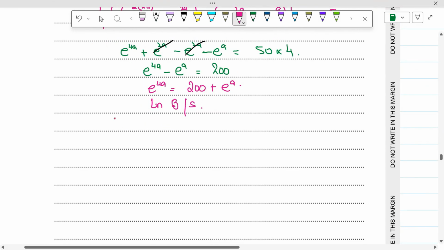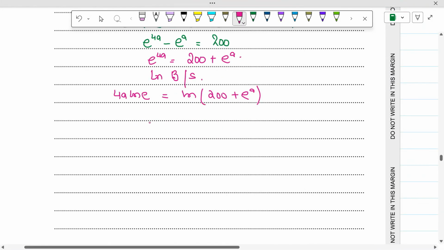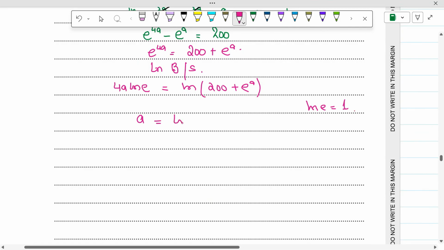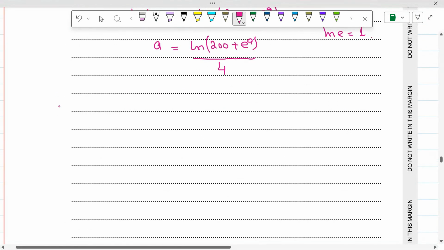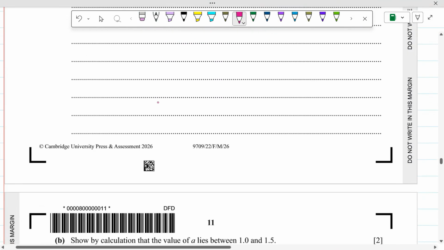So we will have 4a ln of e is equal to ln of (200 plus e^a). So 4 will be switched to the right side, and ln of e is 1. So a is equal to the ln of (200 plus e^a) over 4.